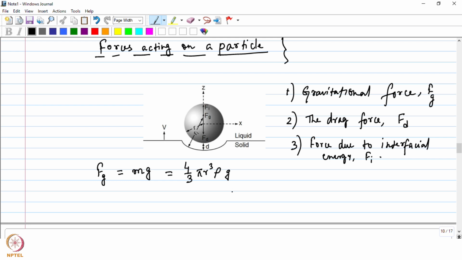And since we are talking about a relative motion between the particles and the molten metal, here instead of rho, you will have the difference of the densities, delta rho.